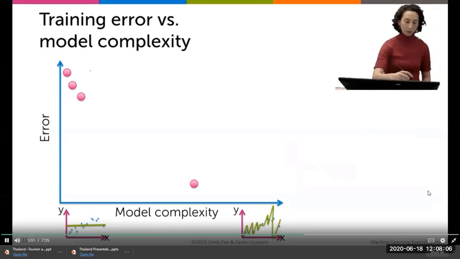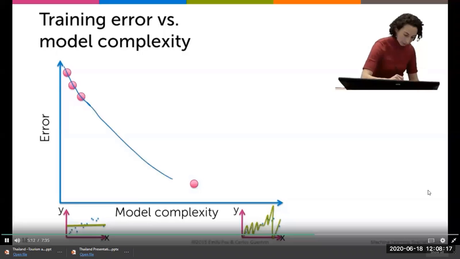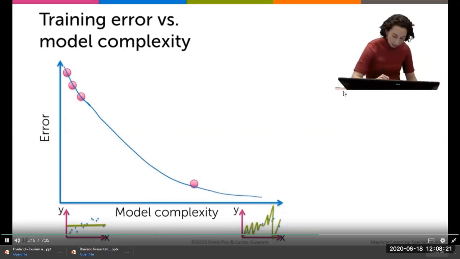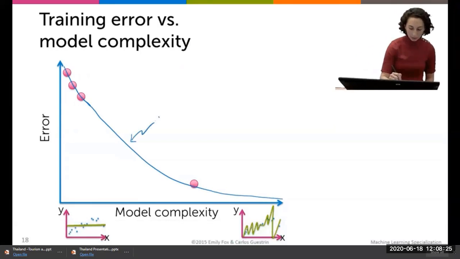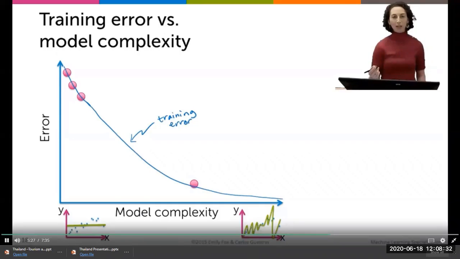In total, now that we've gone through these examples, we can look at what the plot of training error versus model complexity tends to look like. So there's a decrease in training error as you increase your model complexity. And why is that?